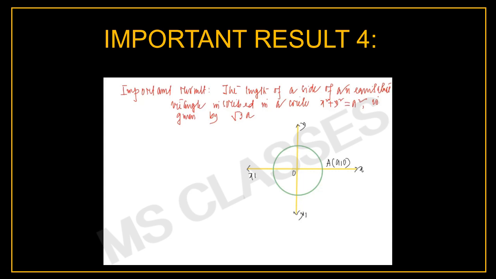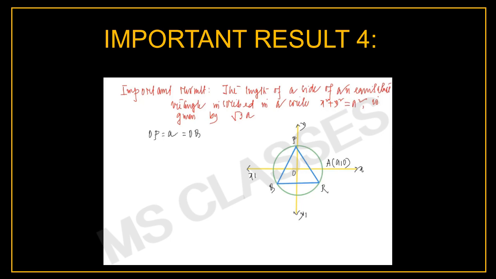Now we take here an equilateral triangle. If we take this one as P, this as Q, this as R, OP length is equal to a, equal to OQ.